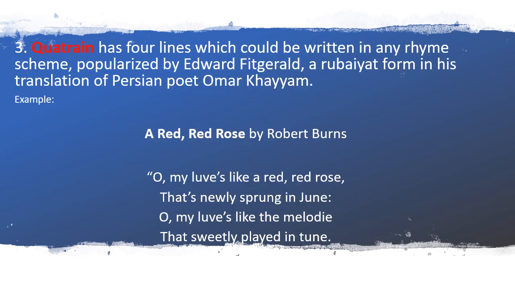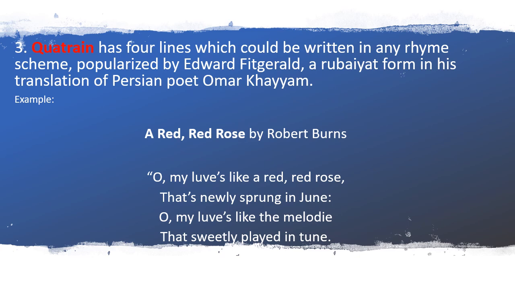The third type of stanza is quatrain. Quatrain has 4 lines, which could be written in any rhyme scheme. Quatrain is popularized by Edward Fitzgerald, a Rubaiyat form in his translation of Persian poet Omar Khayyam.